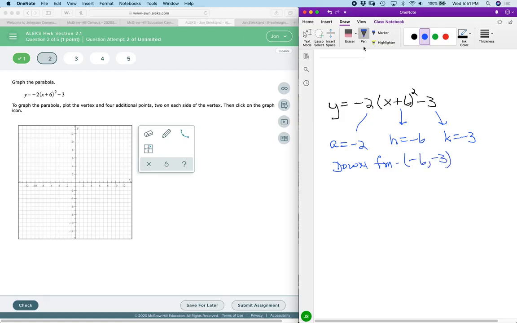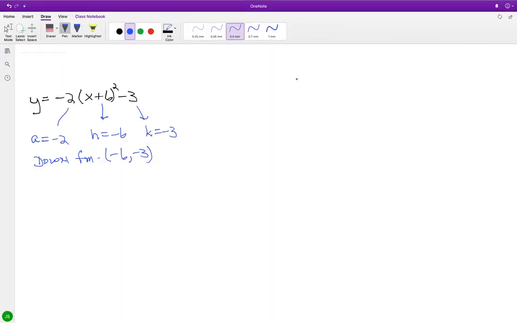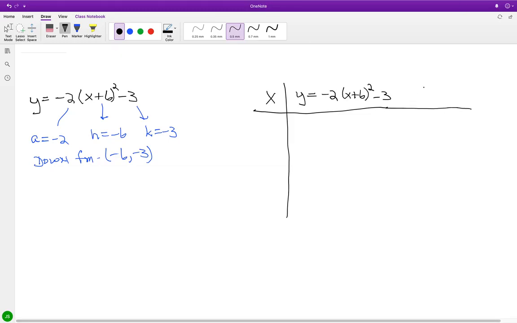Now, taking what we have in this case, with our x values, again x is h, which is negative 6, and y is k, which is negative 3.